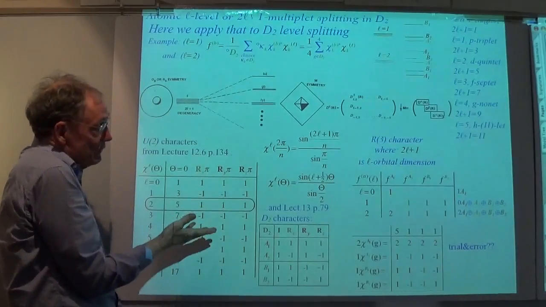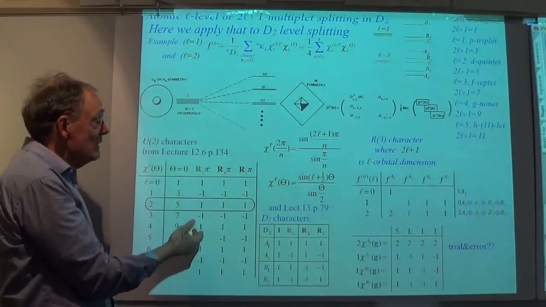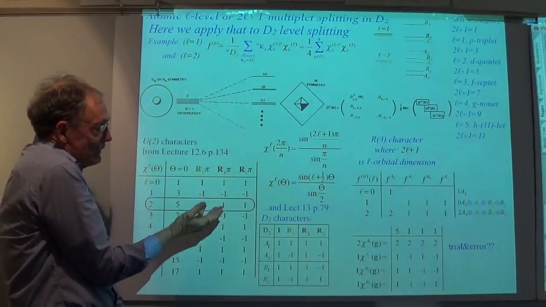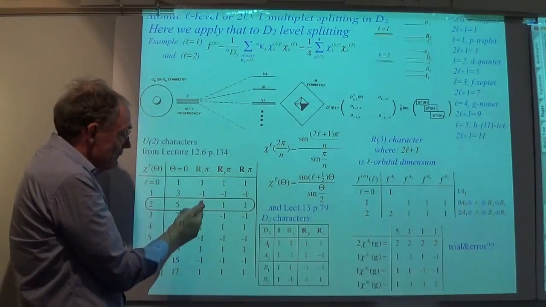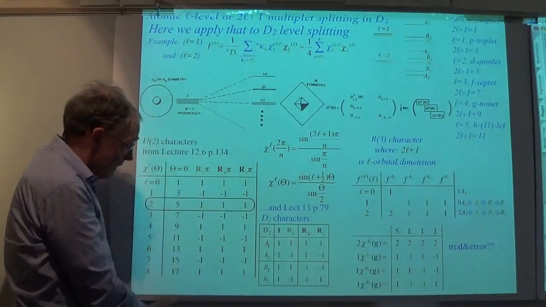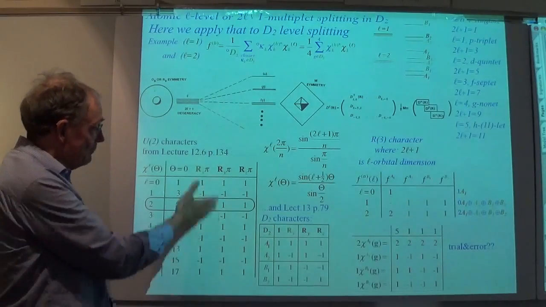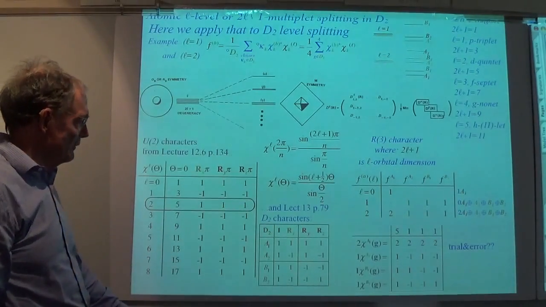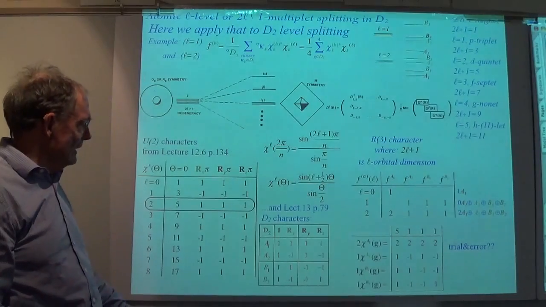And that's the way it should be, because they're twofold symmetric rotations, and so all we can do is go even, odd, even, odd, even, odd forever. So this particular table has a very simple structure for D2, as you can see.